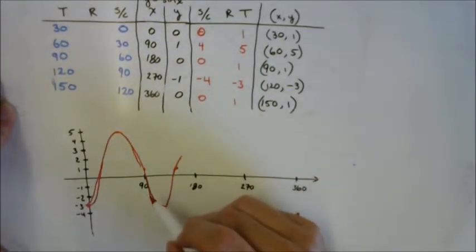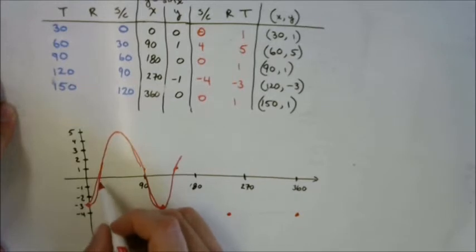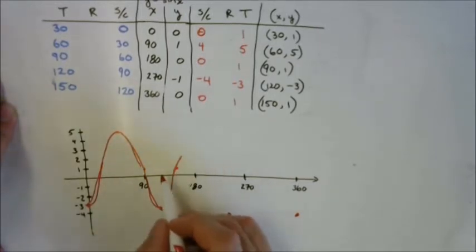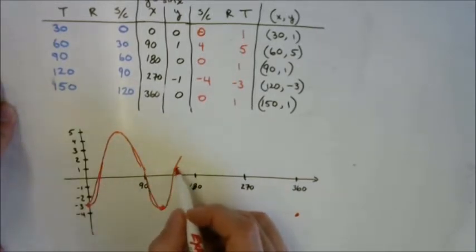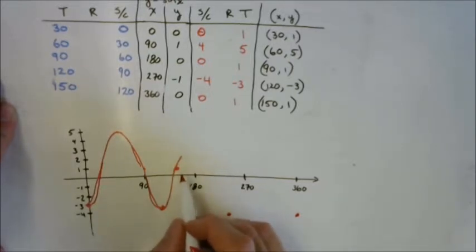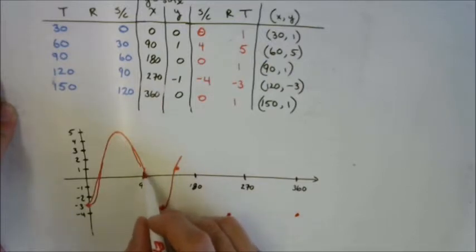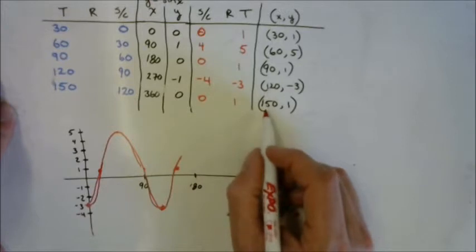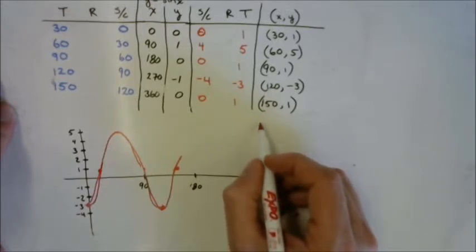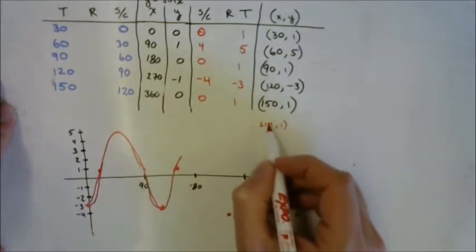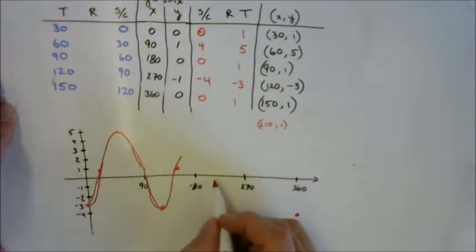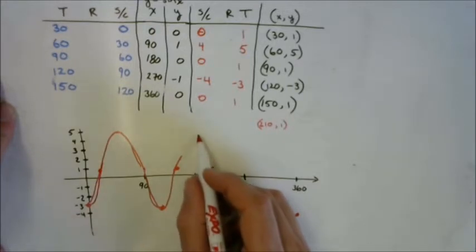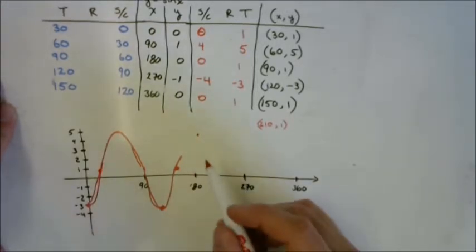It's crossing the axis at 90, 150. We add 120 to each of these values. So we'd be at 150, and we'd be at 210, 1. And then we have the max here.